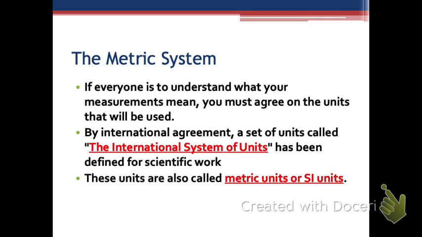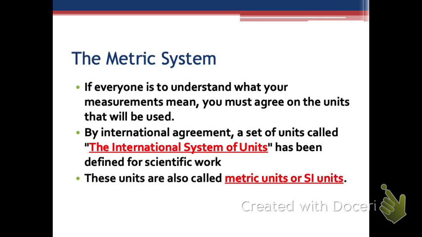If I'm going to report my findings in a scientific journal, or to other scientists, and I'm using Fahrenheit and they don't know what Fahrenheit is, it's hard for them to figure out, well, what did my experiment really do? Or if I'm using inches and they usually use centimeters, it's hard for people to get a grasp around what that really means.